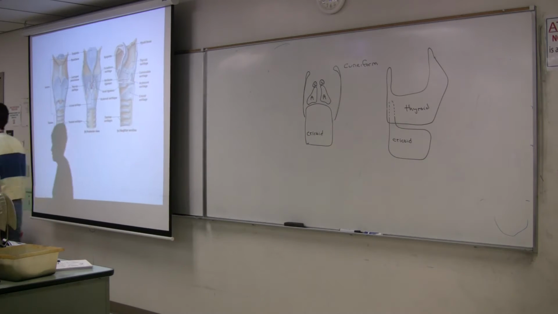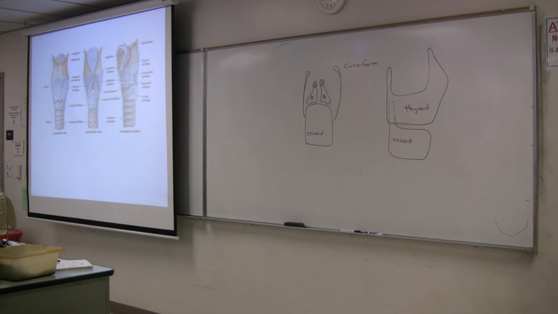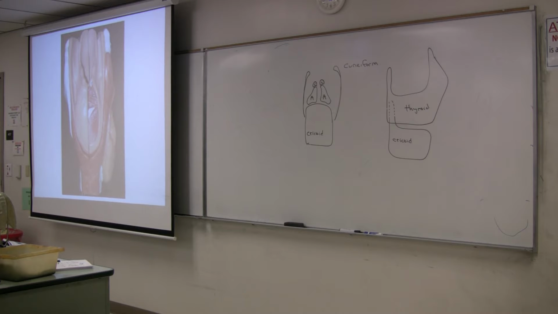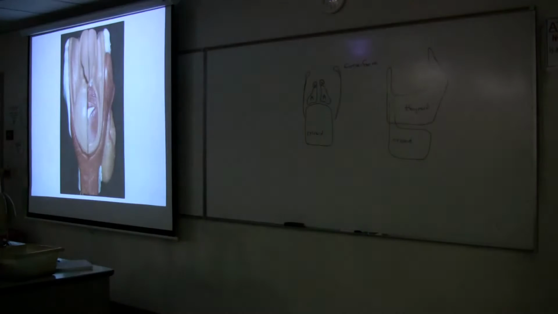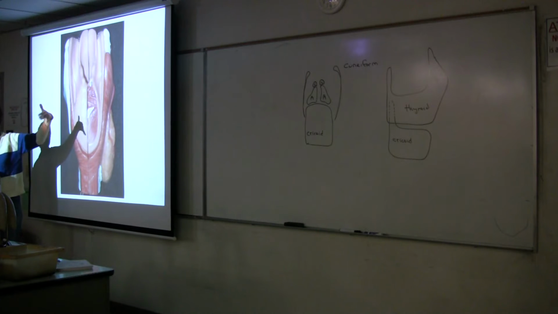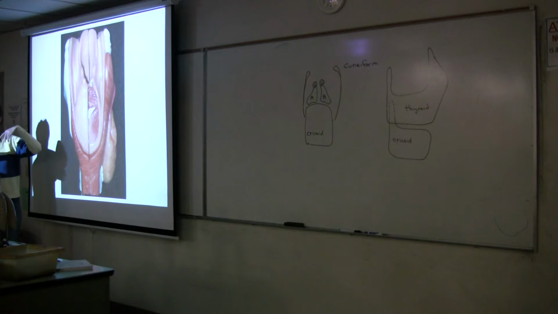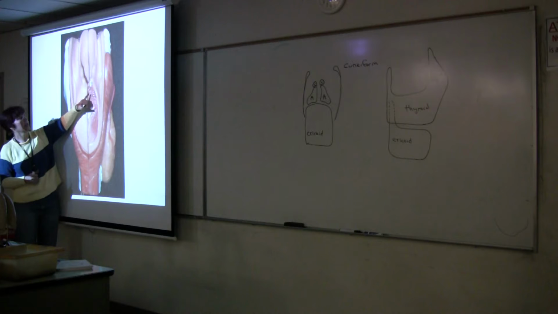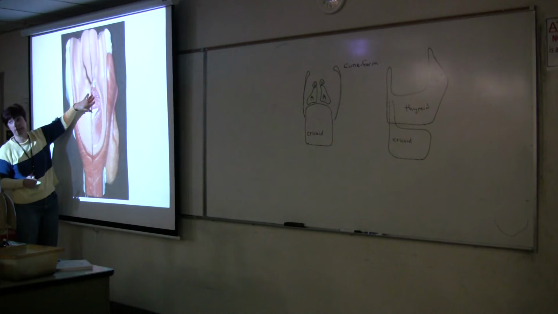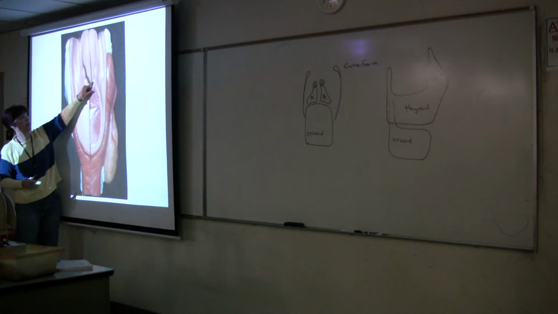So the only way in which I would be able to ask you to identify a cuneiform cartilage is, this is our small larynx model, the one that came with the tongue, and you can see the lingual tonsil on it over there on the shelf. So here's cricoid, we can't see arytenoid because it's covered by muscle here. This would be the corniculate.